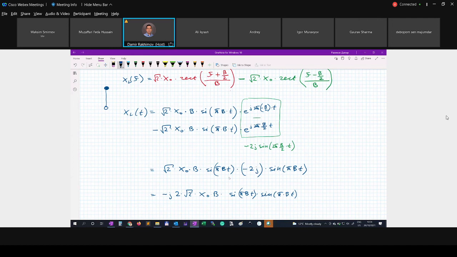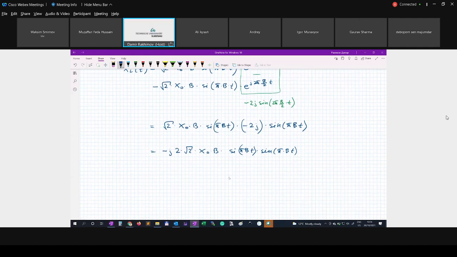Now we have to specify what is our in-phase component and what is our quadrature component.